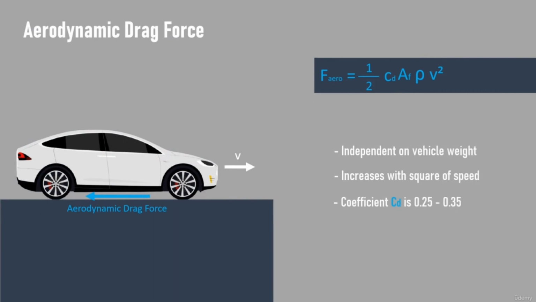That is why in a car the aerodynamic drag force is higher than rolling resistance force when the speed is above about 70 to 80 km per hour. Secondly, the coefficient of drag is typically around 0.25 to 0.35 for modern cars. SUVs with their typical boxy shapes have coefficients in the range of 0.35 to 0.45.